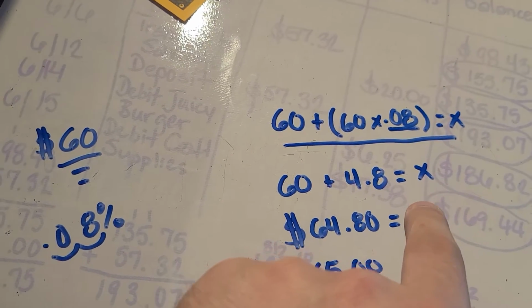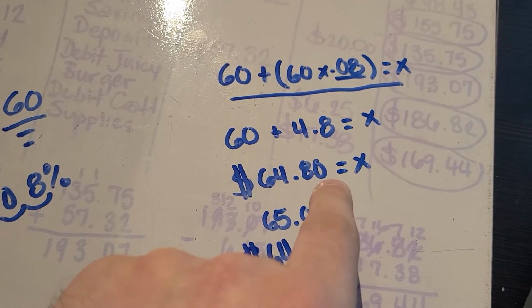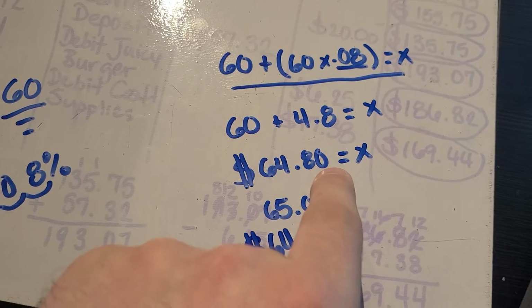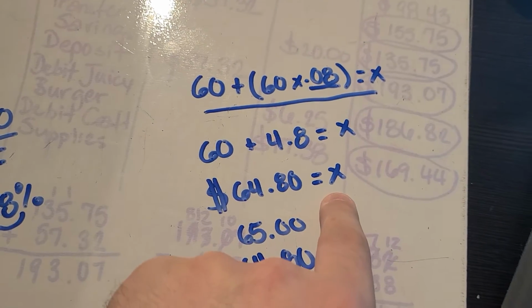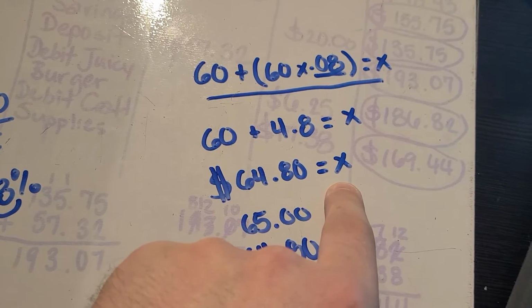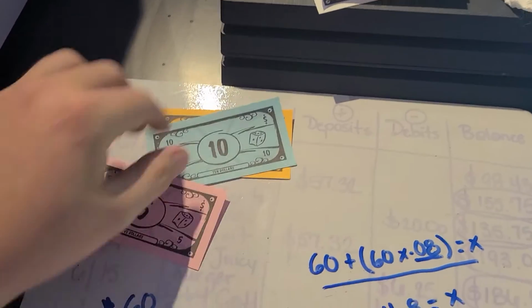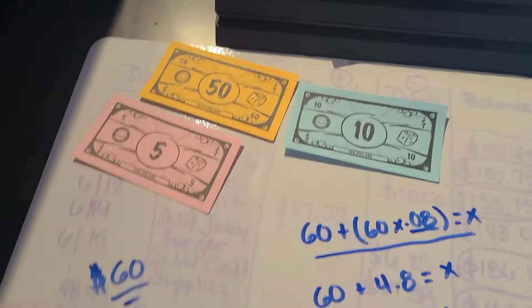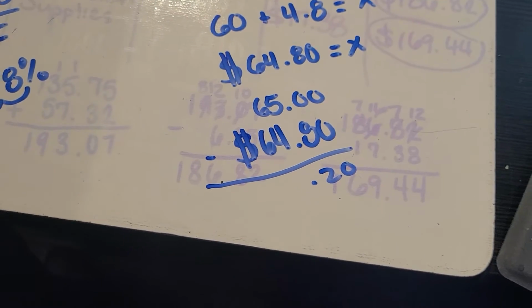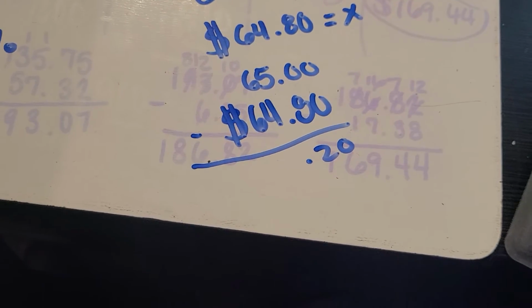Now we can simplify that even more. It becomes 64.8. We can add the 0 at the end. And then that will equal your x of the price of the game after sales tax included. We had $65 in money laying around. So we're going to subtract $64.80 from 65, and that's going to equate out to 20 cents in change.